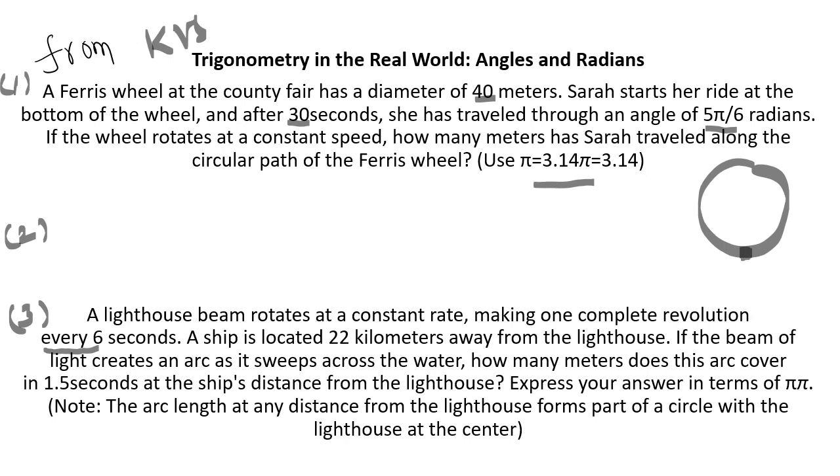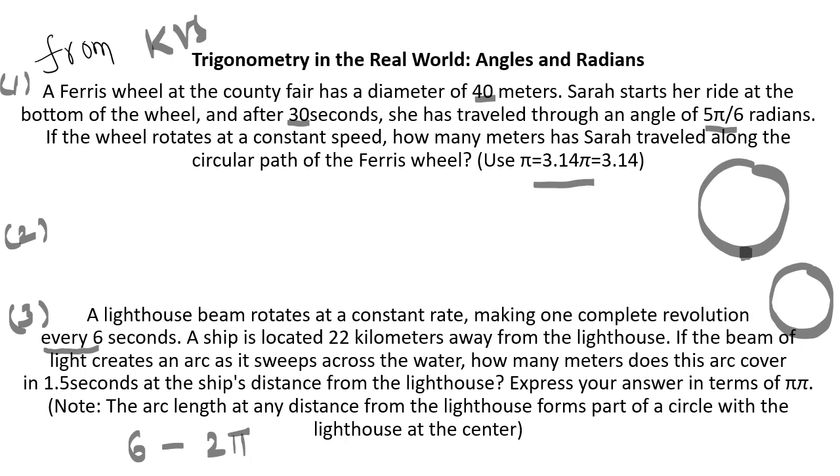That means 360 degrees or 2 pi radians in every 6 seconds. A boat is located 22 kilometers away from the lighthouse.